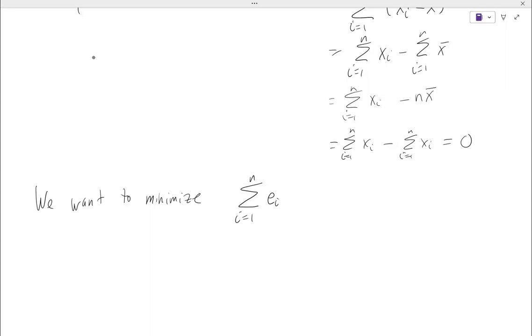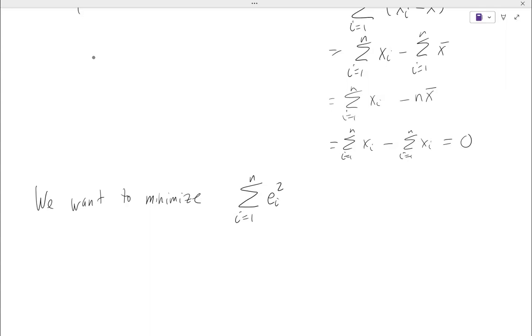We'll have all of these errors, we will square them and add them up. We want to minimize the sum of all those errors. Okay, that's the idea. This is where the name least squares comes from. You're taking the squares of the errors and trying to minimize it. That's why we call it least squares.